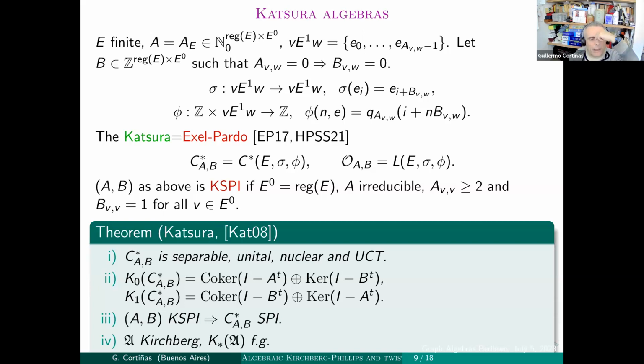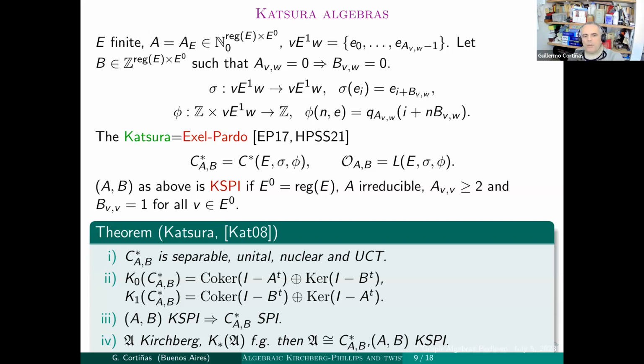And moreover, if A is a Kirchberg algebra such that its K-theory is finitely generated as a group, then the algebra is isomorphic to one of these Katsura algebras associated to a pair (A, B) that satisfies the Katsura conditions for simple purely infiniteness.